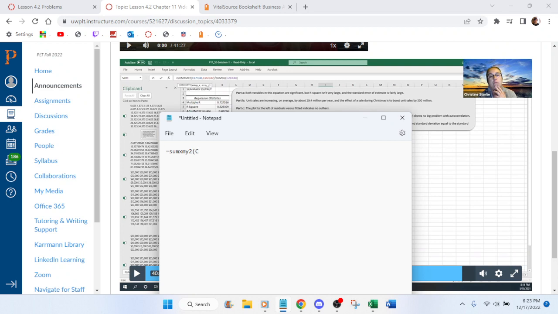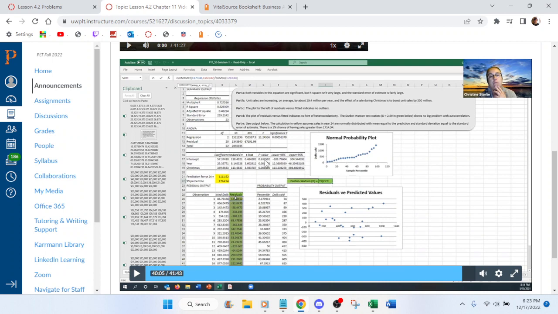C27 colon C48 comma C26 colon C47 parenthetical divided by sum SQ. Oh, I can't see it.